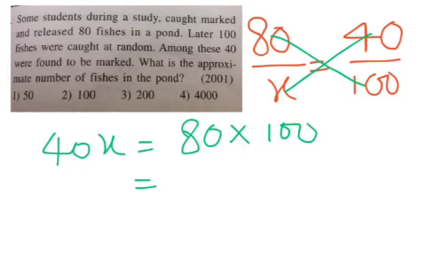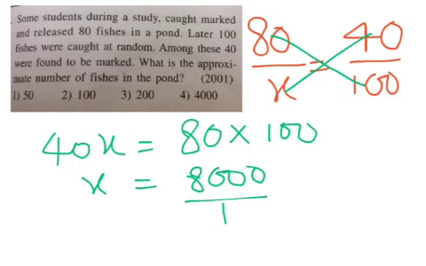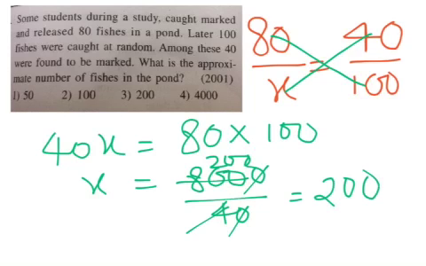So 80 into 100, that's about 8,000. X equal to 8,000 by 40. Then 4 twos are 8, so we get the answer 200.